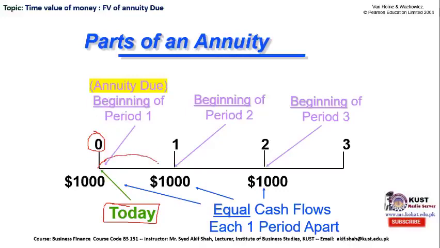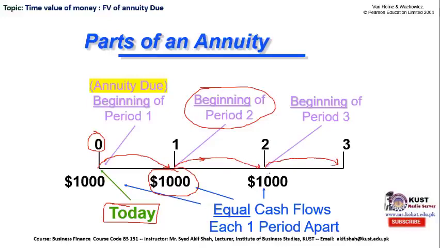When 1 year completes, it is actually the start of the second year. So beginning of period 2 will start at the completion of year 1. So once again you will be required to deposit $1,000 into this banking opportunity to invest your money. Similarly, at the completion of the second year, the very next day is actually the beginning of the third year.